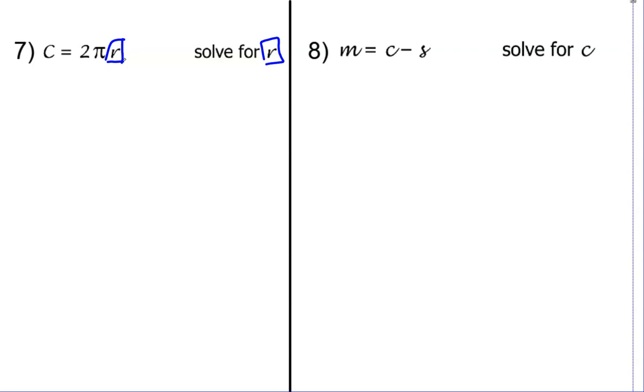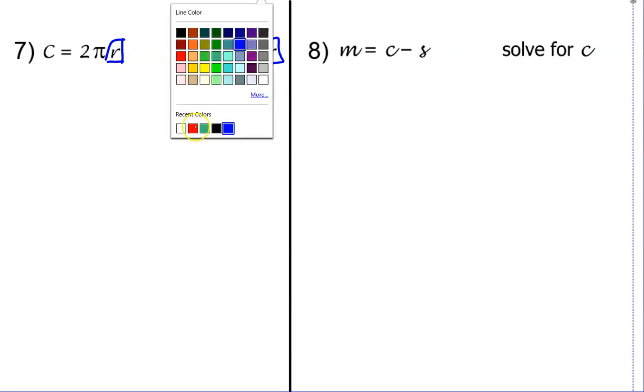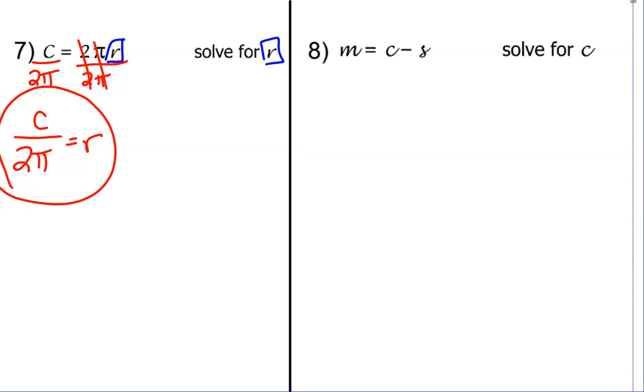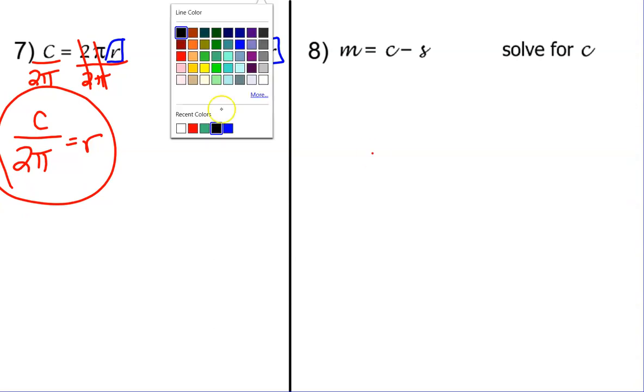And they're actually both being attached by multiplication, so I can go ahead and divide both of those pieces over to the other side. That eliminates them, and we're left with c over 2 pi is equal to r. Look at that, and this problem is done. r is by itself.